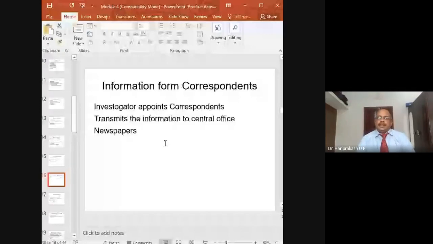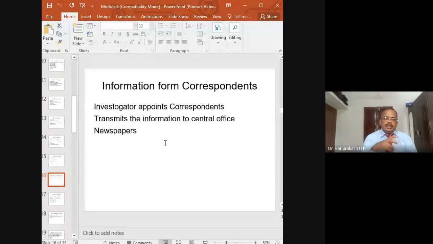So you see that in a newspaper, for each area, each locality, each city, there will be reporters. They will be providing the information related to their geographic area to the head office, and they will compile it and publish it in the newspaper. So something like that, information from the correspondence.